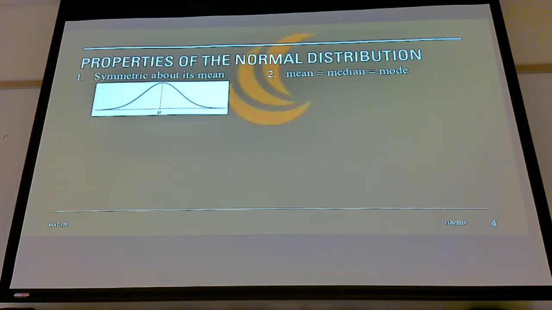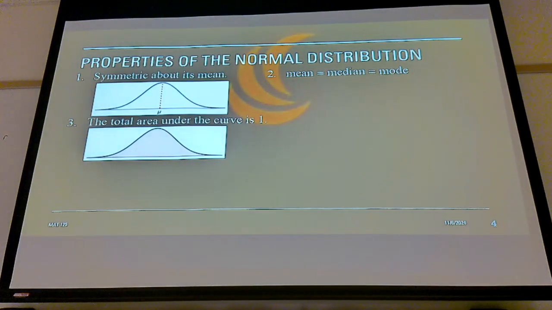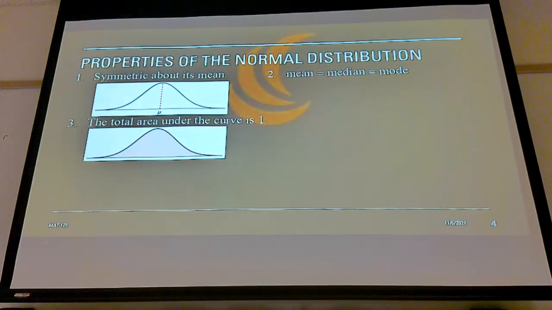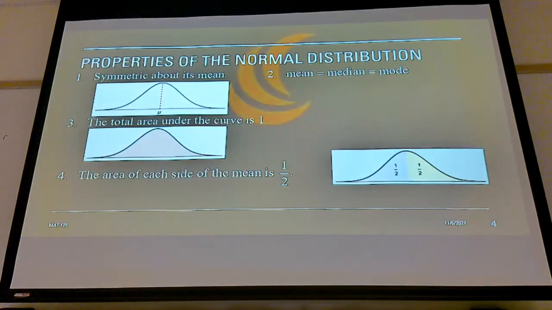And this one's already mentioned, but total area under the curve is equal to 1. And so that shaded region is just 1. Because it's symmetric about the mean, if you draw a line at the mean, dividing that area perfectly in half, then your two areas are both equal and they're each 1/2.